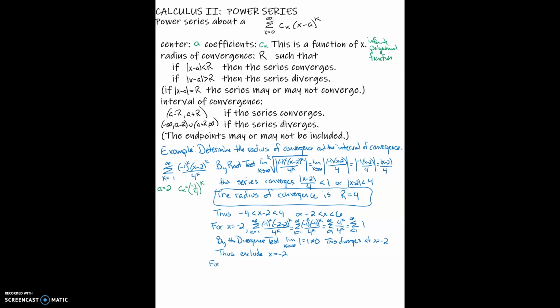All right, that was one endpoint. Let's try the other endpoint at 6. First thing I'm going to do is simply rewrite my series using 6 in there for x.